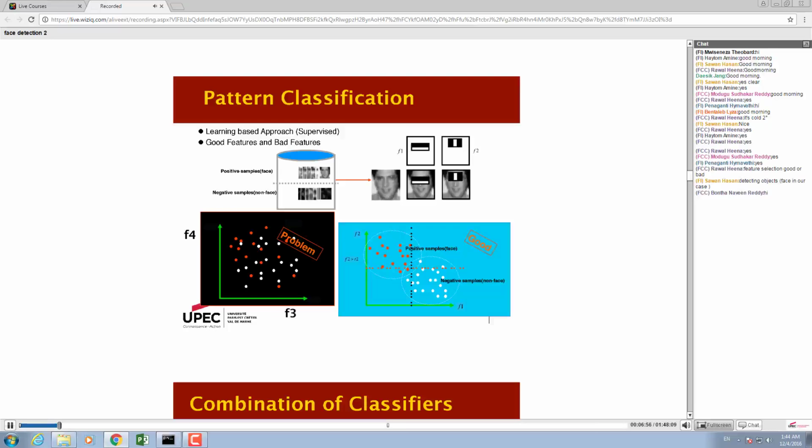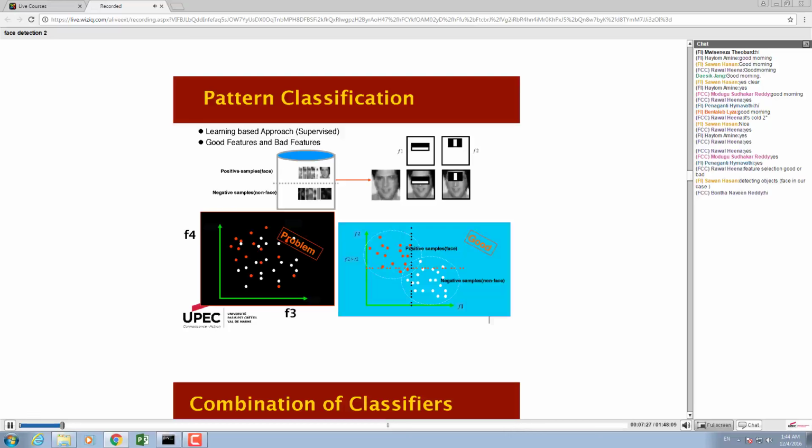But in the blue graph, the features F1 and F2, it looks much easier to distinguish the red dots and white dots, the positive and negative samples, by drawing one simple linear line. Okay, two simple linear lines. So our target is to find this kind of good features.